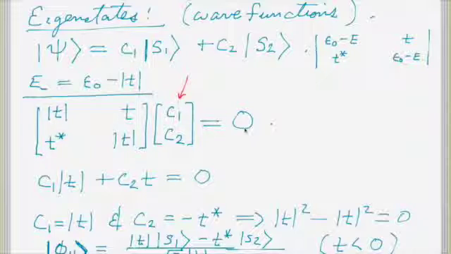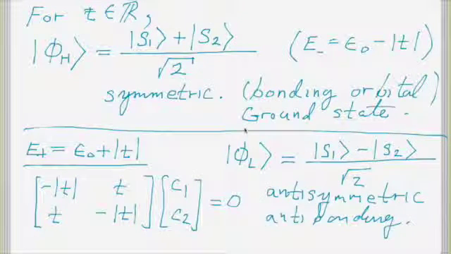If you just immediately take t to be real, and t is negative, then this is like a plus t and a minus t, and so the eigenvector is going to be 1, 1. That's the coefficient for S1 and S2. So 1 times S1 plus 1 times S2 is going to be your bonding orbital, and if you want to make it normalized, you divide by the square root of 2.